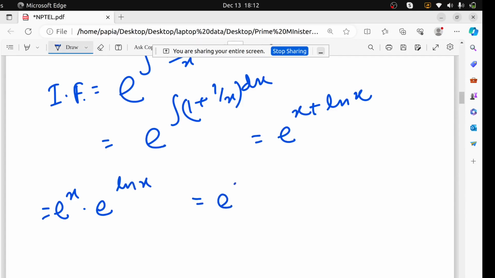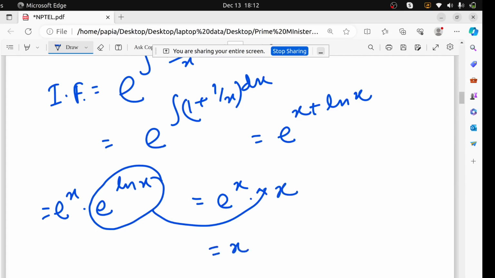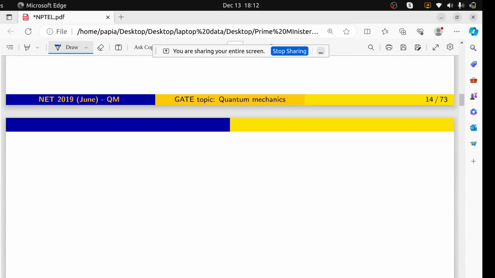Then e to the power x is there, and e to the power ln x will be what? Can you tell me what is e to the power ln x? x. So simply x e to the power x. So this is the IF. Now what we will do?